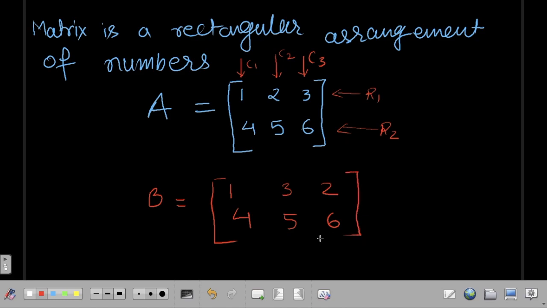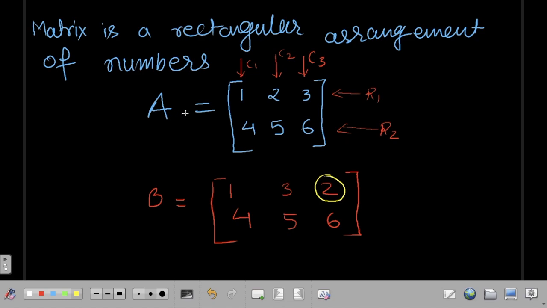Then B is not equal to A, though they have the same numbers. These numbers are called the elements of the matrix. For example, this 2 here will be called an element of matrix B. Is that clear?